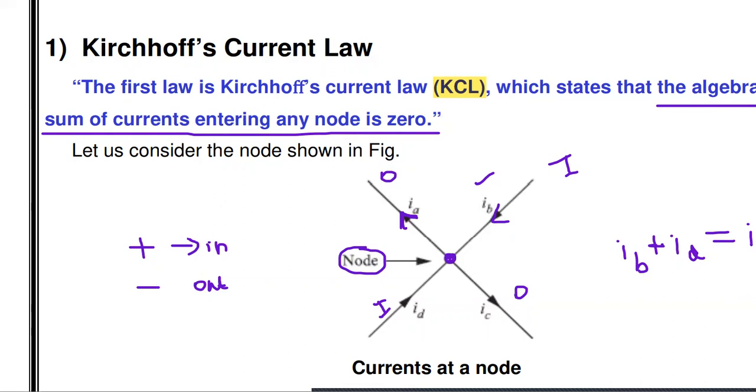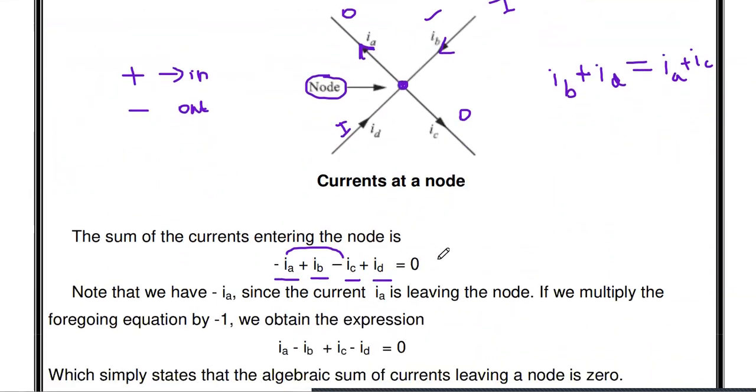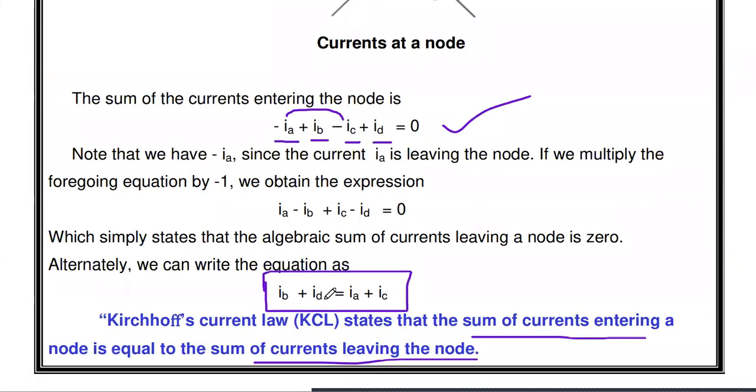According to KCL, the algebraic sum of all currents entering the node is 0. This is one definition. Alternatively, KCL can be defined as the sum of incoming current equal to the sum of outgoing current. This is also KCL. So you just remember it. Using this, we can solve problems in the next videos.